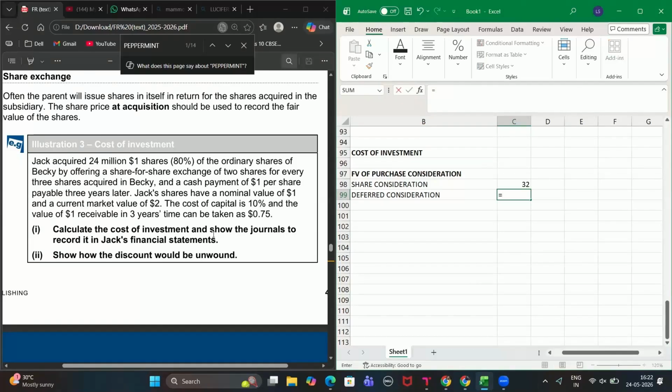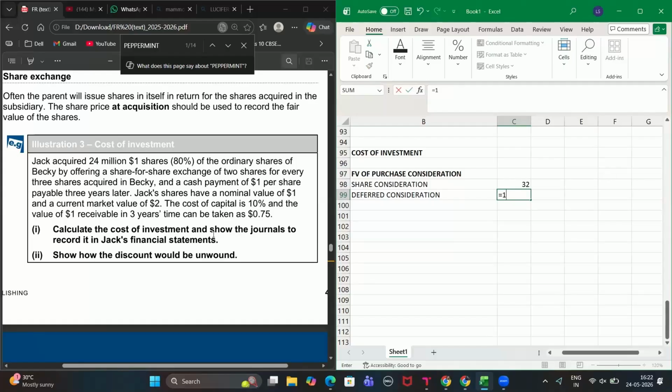So, what is the cash consideration that we are providing for one share? It's $1, right?